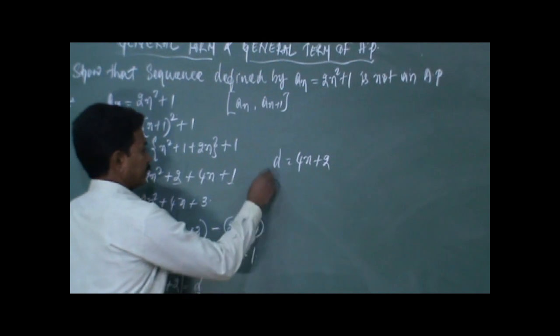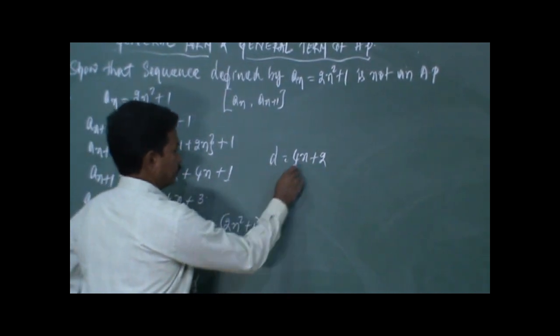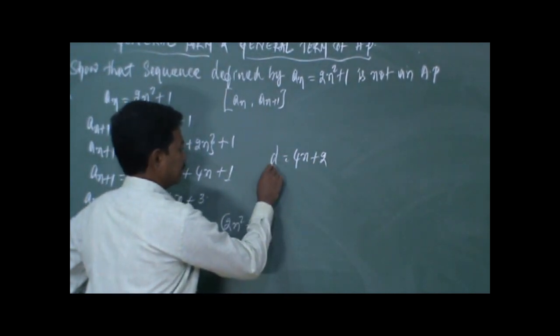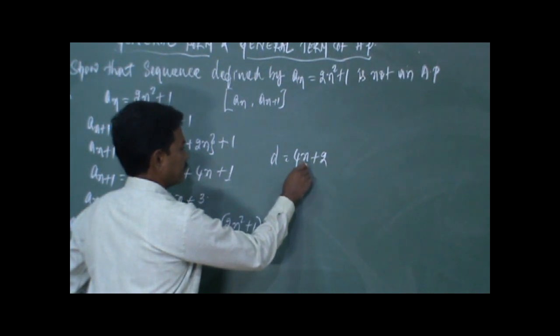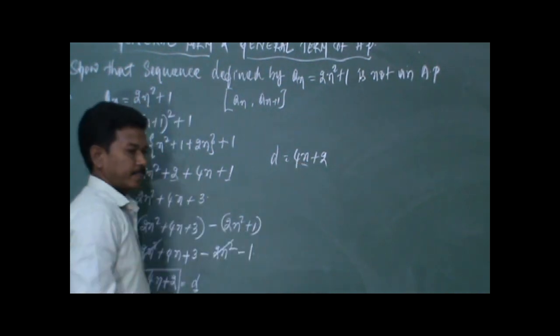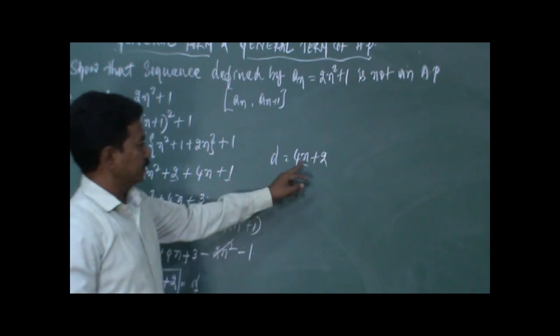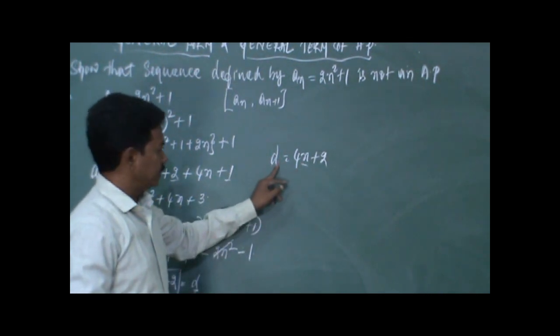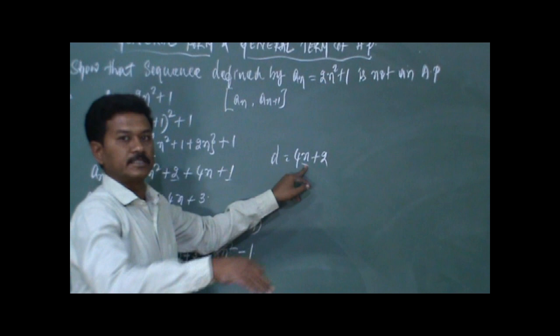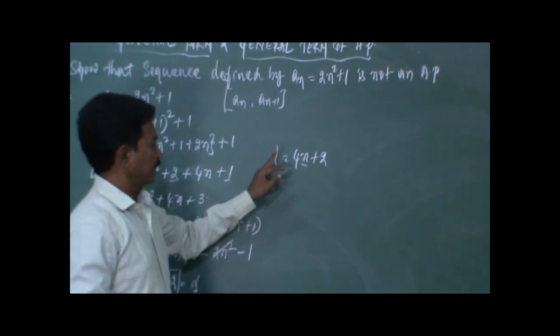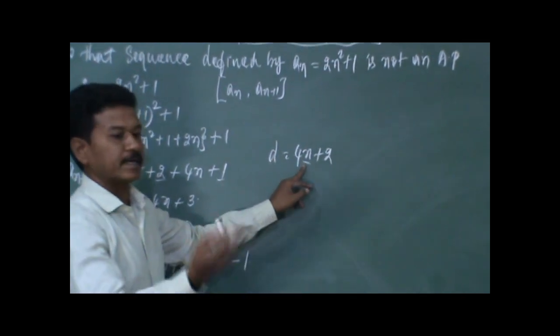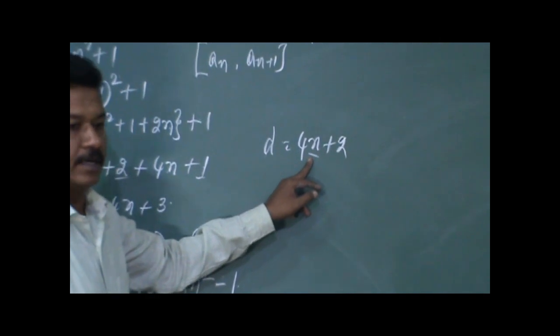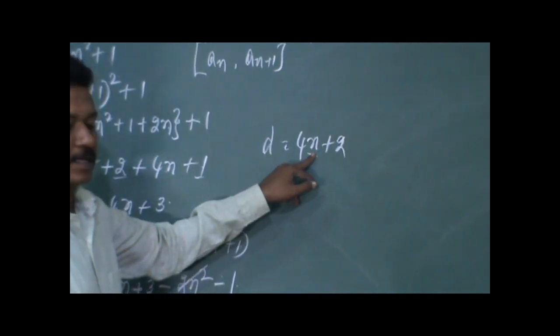So here, as d is equal to 4n + 2, d is not independent of n. The value of d has n inside it. Therefore, d is not a constant, because n indicates a natural number.